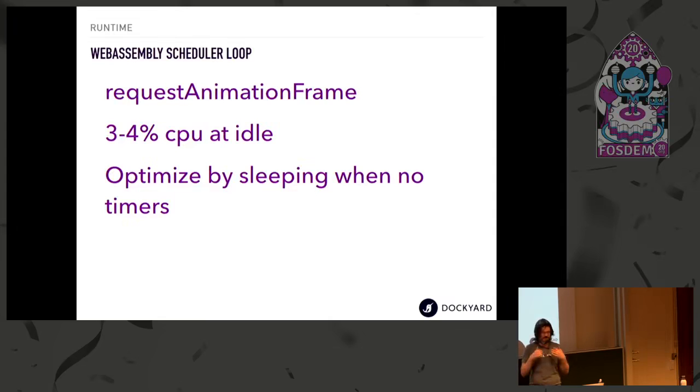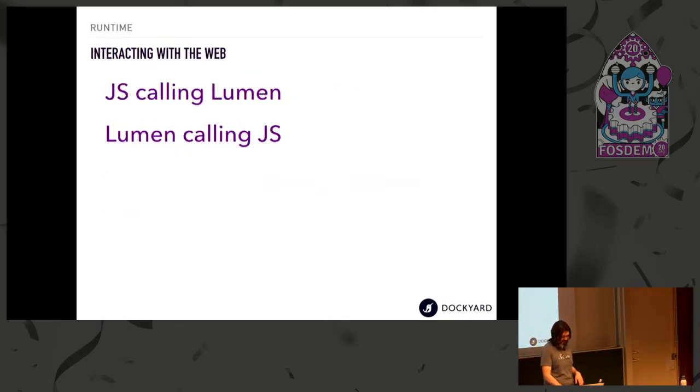So for us, we just assume we have 16 milliseconds to work with. And that leads to like a 3 to 4% CPU overhead at idle to just check if any process should be woken up or if any timers time out. We can optimize it later, though, based on knowledge about the timers.